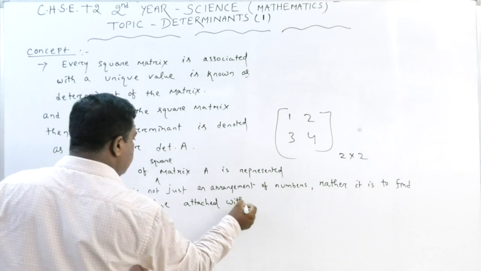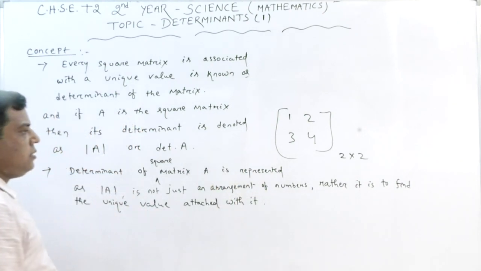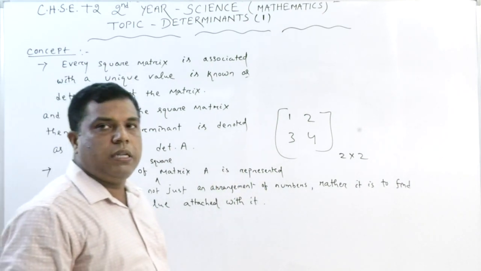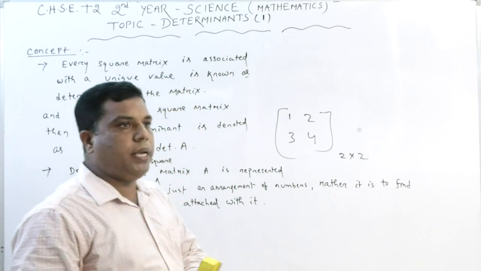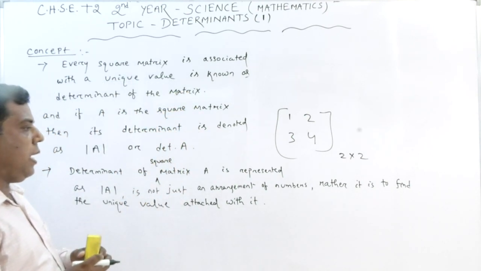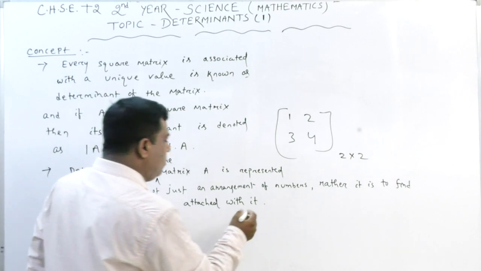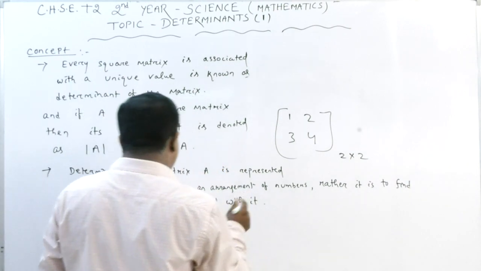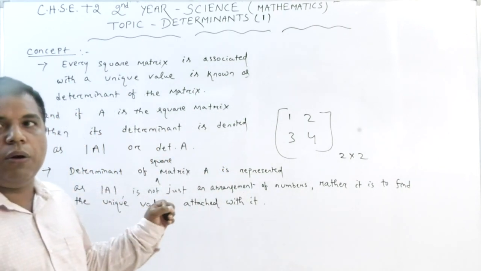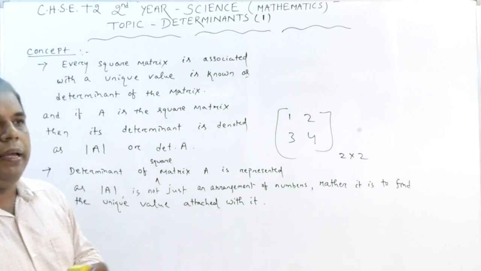Dear students, these are some of the concepts of a determinant. The unique value is definite, and we have to find out that unique value for a matrix.